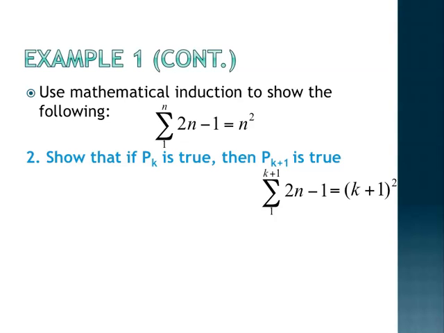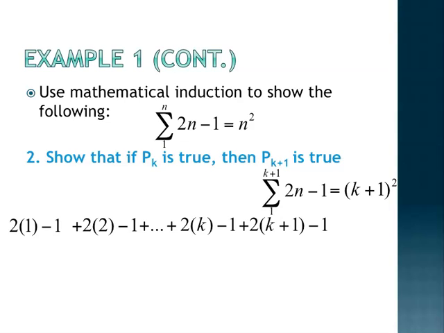So let's write out the left-hand side just like we did with P sub k. We would start with 2 times 1 minus 1, plus 2 times 2 minus 1. And then this goes up to what? 2 times k minus 1, 2 times (k+1) minus 1. Now you'll notice something here.